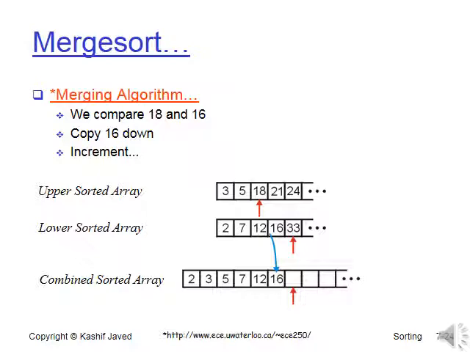This time we compare number 16 from the lower and number 18 from the upper sorted array. Since 16 is less than 18, we copy 16 down into the combined sorted array, also incrementing the indices of the lower sorted array as well as the combined sorted array.